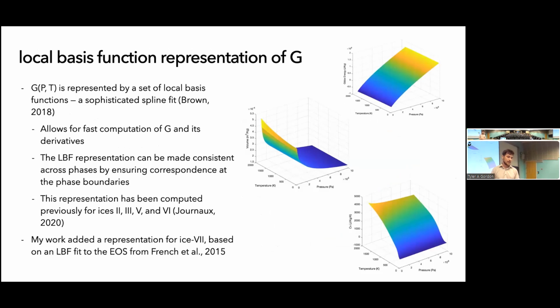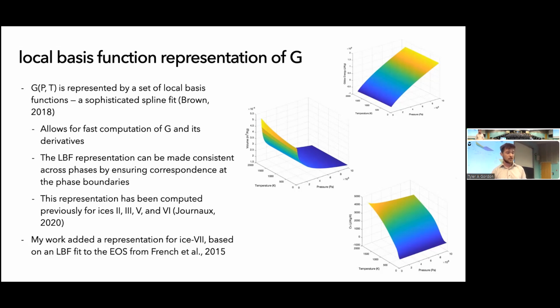The advantage of this way of representing the surface is that it allows for fast computation of the Gibbs energy and the thermodynamic properties of the ice. You can make that representation consistent across phase boundaries by making sure that the Gibbs energy surfaces line up at, for instance, the boundary between liquid water and ICE7 or between ICE6 and ICE7.